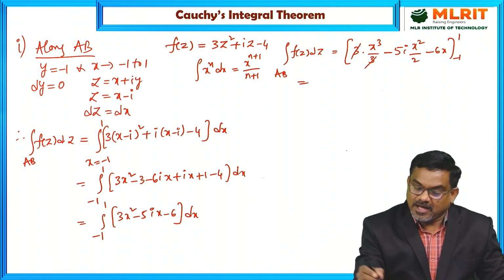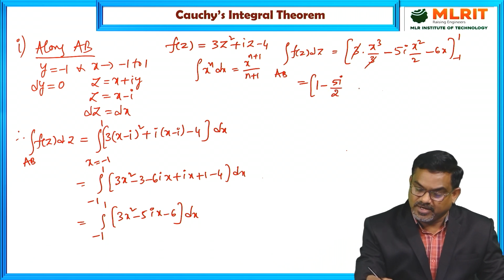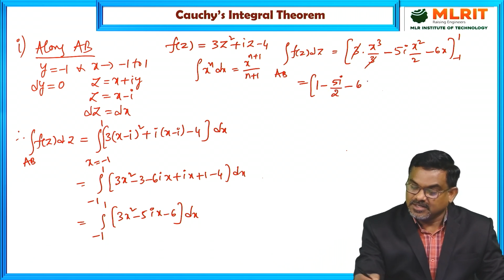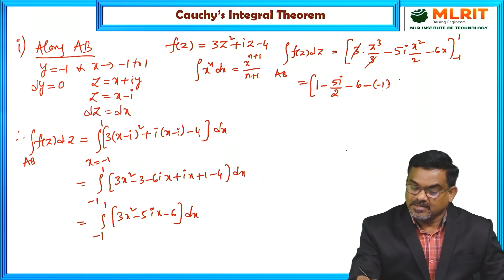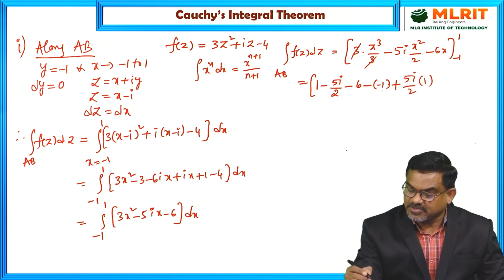Now applying the upper limit, we get 1 minus 5i by 2, x square is 1, minus 6. For lower limit, minus sign, and again for this x cube, since x is minus 1, we get minus 1 here. Next minus, for lower limit we get plus, so 5i by 2 into this is plus 1. Now again minus minus plus 6 into minus 1.